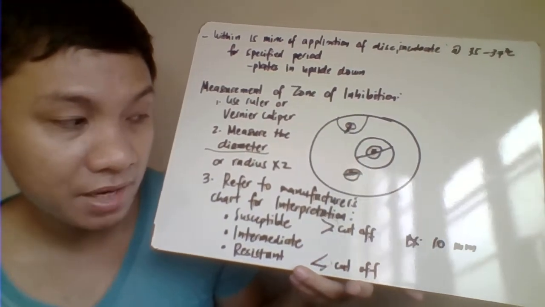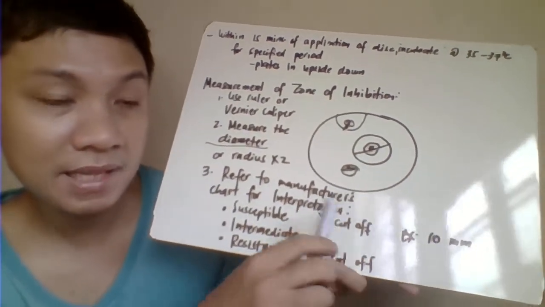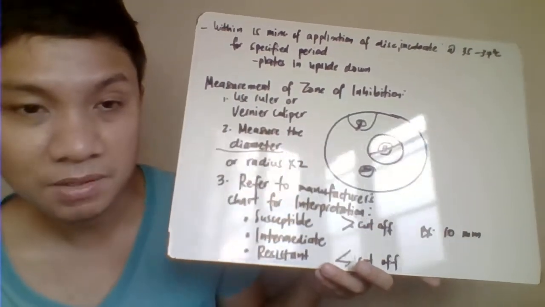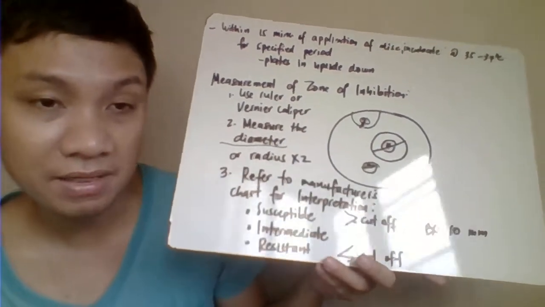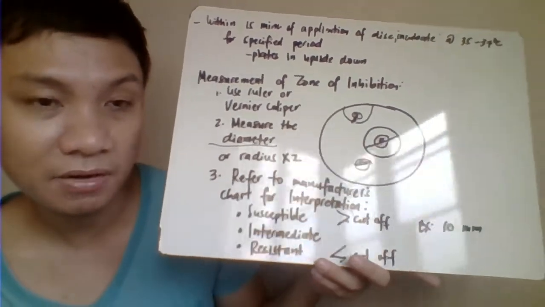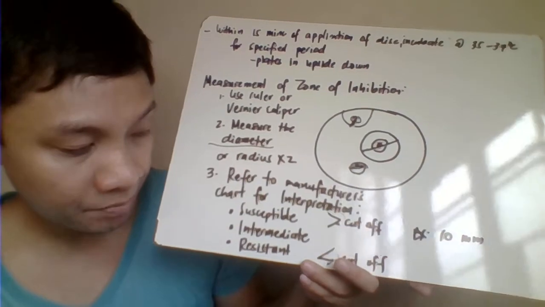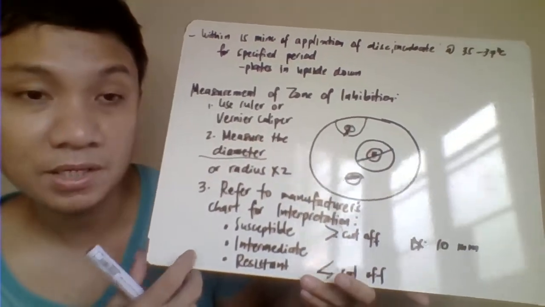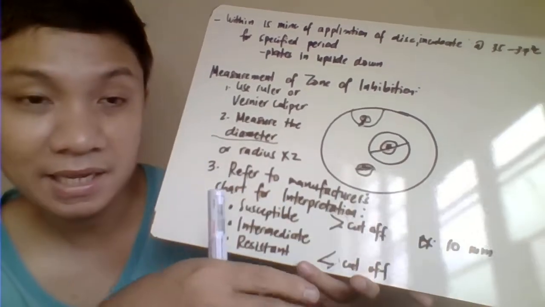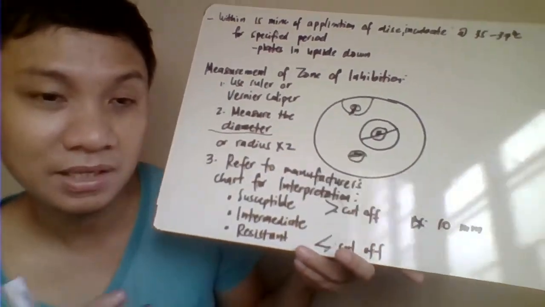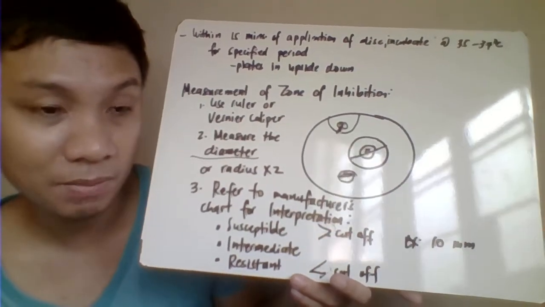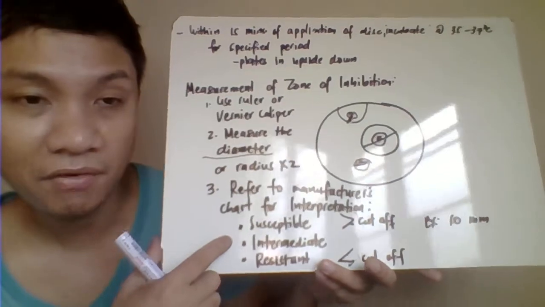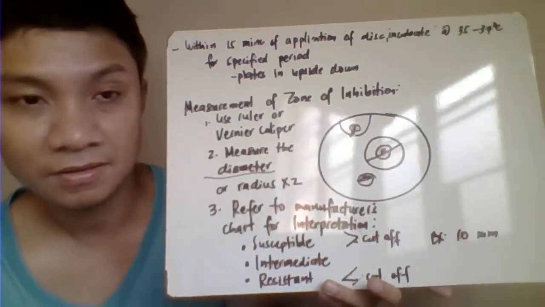For example, if our cutoff value is 10 millimeters and it is more than 10, that is susceptible, meaning your antibiotic is effective in suppressing the growth of your bacteria. On the other hand, if it is less than the cutoff value, we consider it resistant, meaning the zone of inhibition is very small, so our bacteria is resistant. That's our interpretation. But you could also have the intermediate, so just refer to the manufacturer chart for the interpretation. Okay, so thank you.